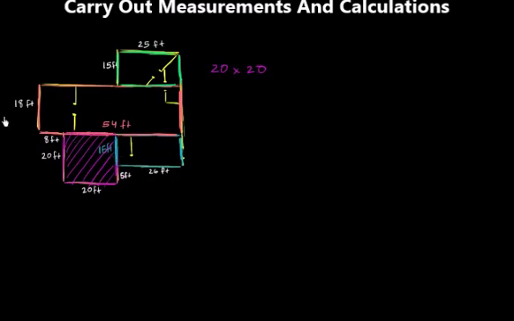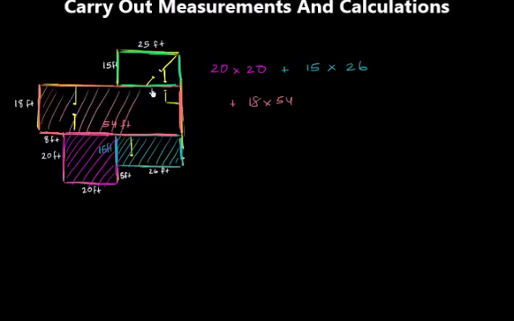Plus 15 times 26, that's this area right over there. Plus 18 times 54, which is this area right over there. And then finally, plus 15 times 25, which is this area right over here. So we just have to now evaluate these things.